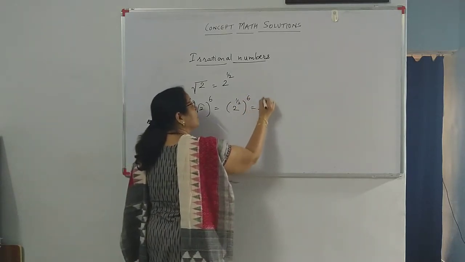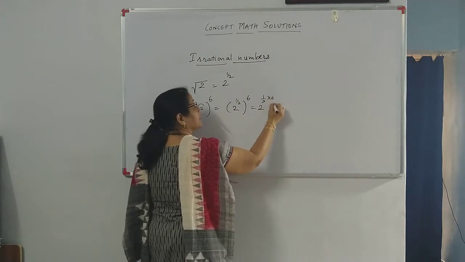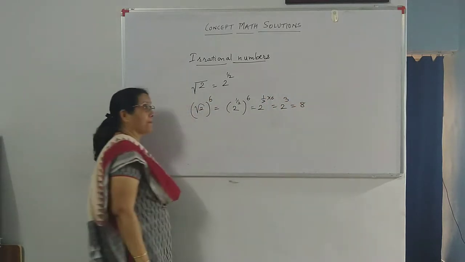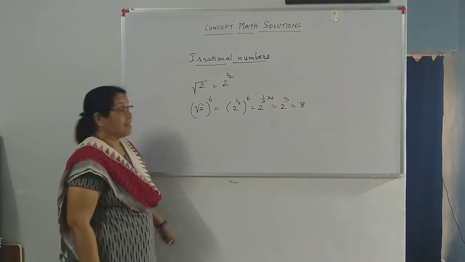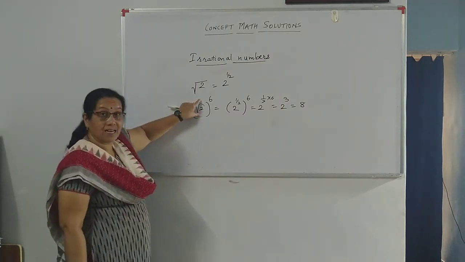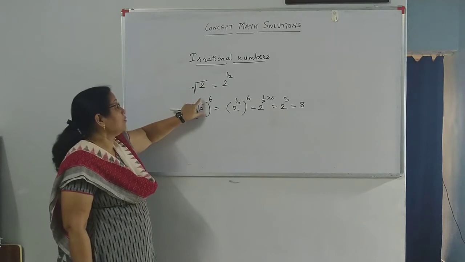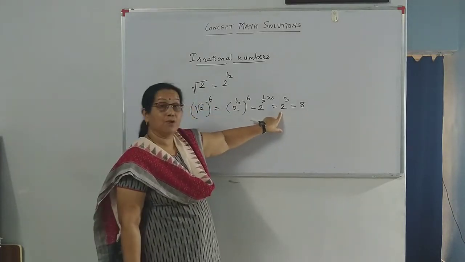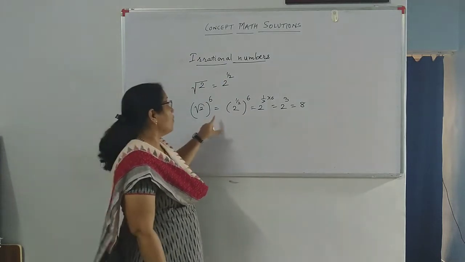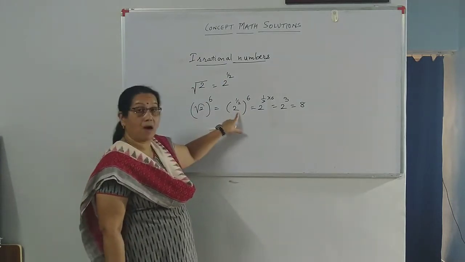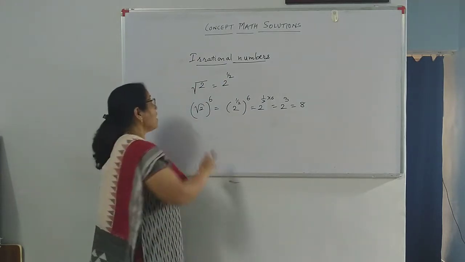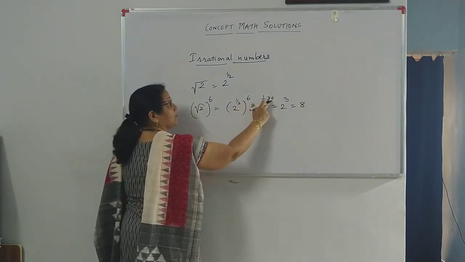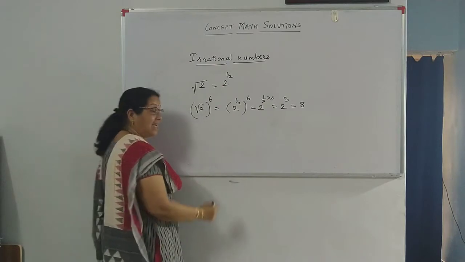That means 2 into 1 by 2 into 6, that is 2 to the power 3, and that's 8. Yes? Root 2 is irrational, but root 2 to the power 6 became rational. 2 cube is 2 into 2 into 2. How did we get it? This is 2 to the power half, to the power 6. So 2 to the power 1 by 2 into 6, that is 2 cube, that's 8.